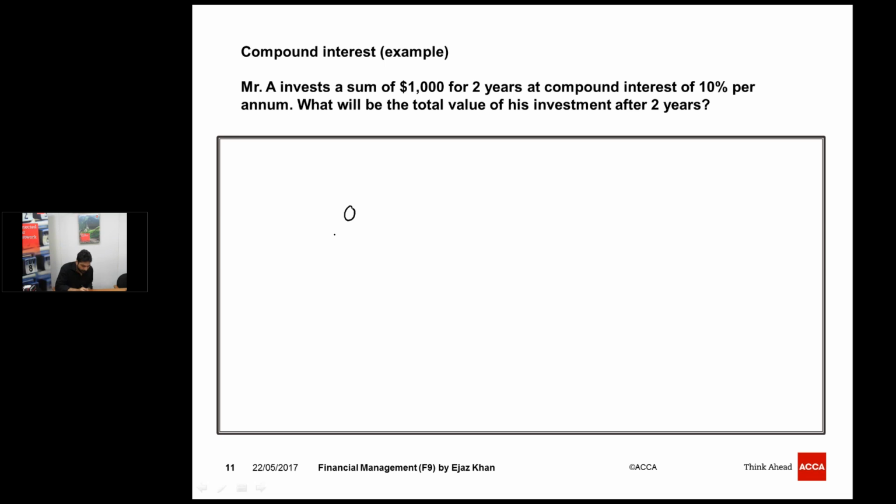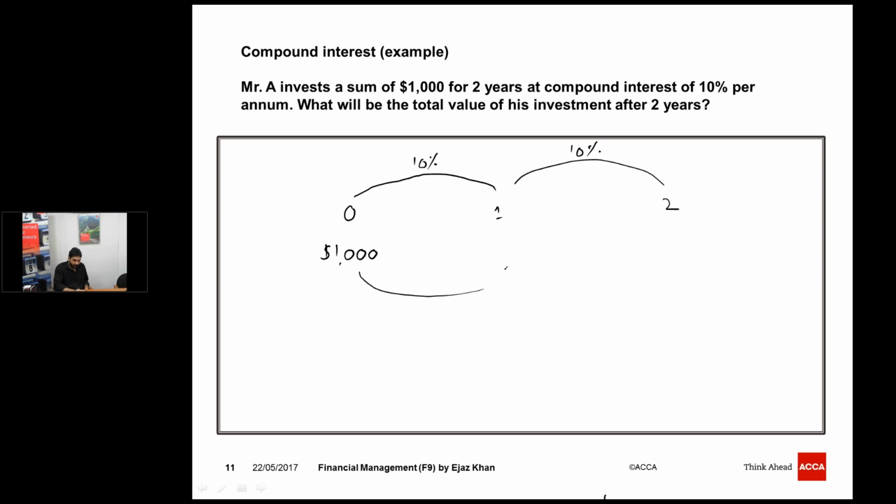So Mr. A is supposed to invest today a sum of $1,000 for 2 years at 10% per annum. Now what we need to find out is what he's going to get after 2 years.